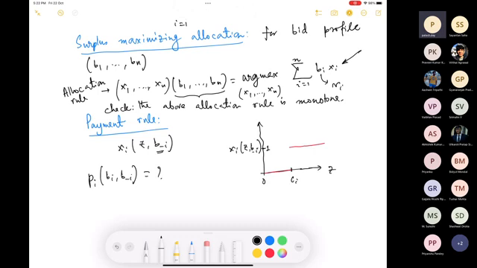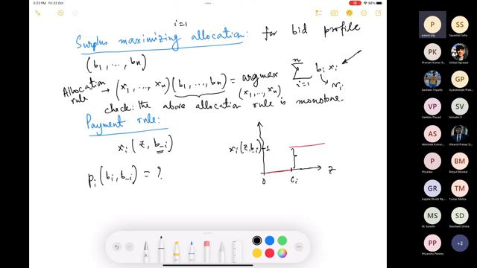If the ith bidder bids 0, then it won't be picked, for a fixed b minus i. Now, if we keep increasing the bid value of the ith bidder, then at a certain point, there is a threshold beyond which that item will be picked. Is that fine?